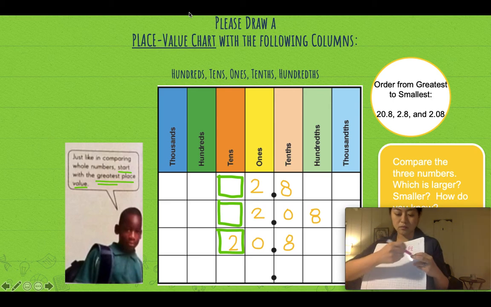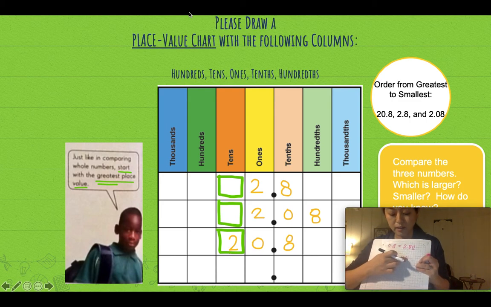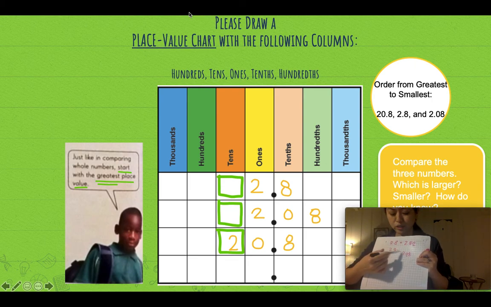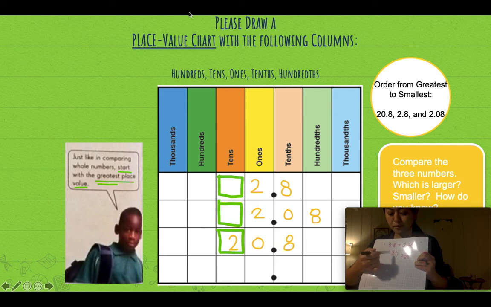Well, let's look at this, okay? Now, what I did next was there's 2.8, right? So instead of 2.8, I put a 0 right after the decimal point, but before the 8. When that happens, which one's bigger? Which one's smaller? 2.8 is bigger.